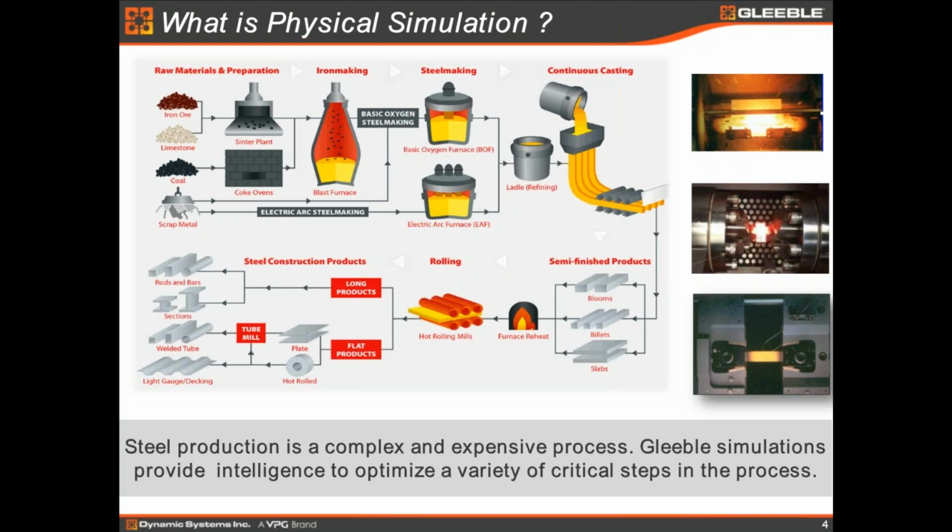But with such a complicated process, we can make it so cheap now in terms of product price. The good reason is that over the years we have studied so many problems, and the Gleeble honestly has played a very important role in this.